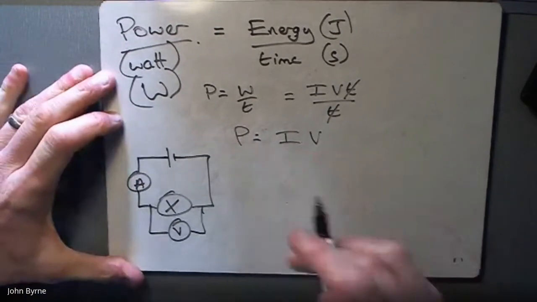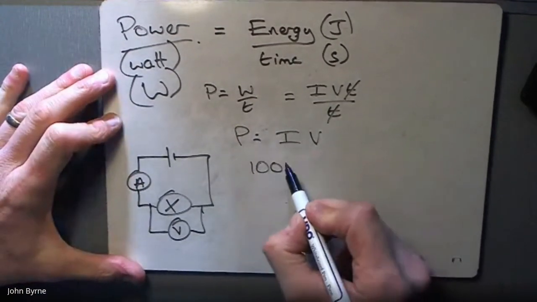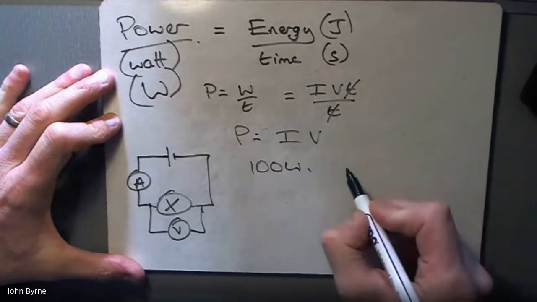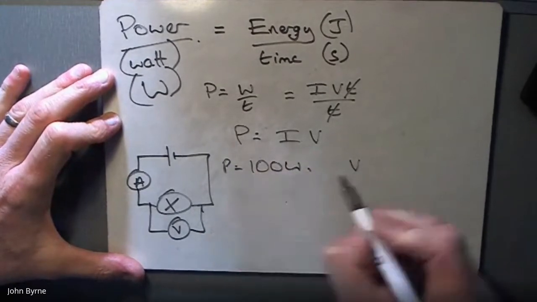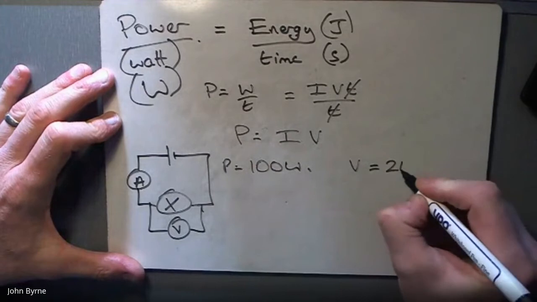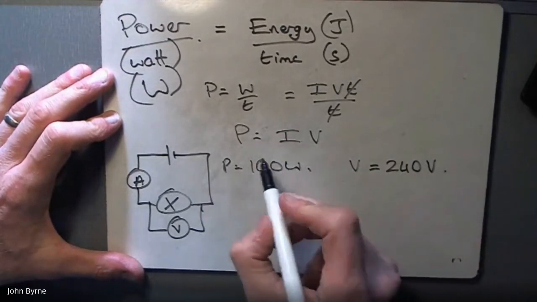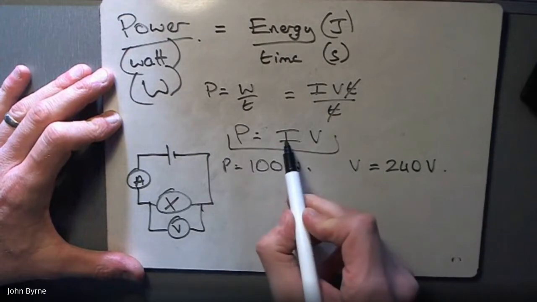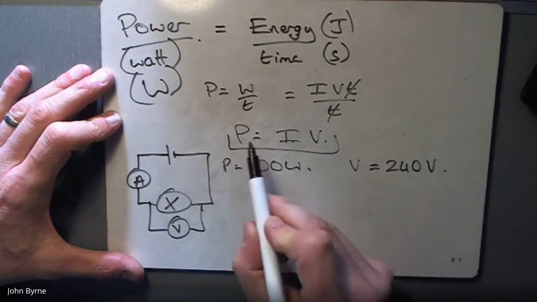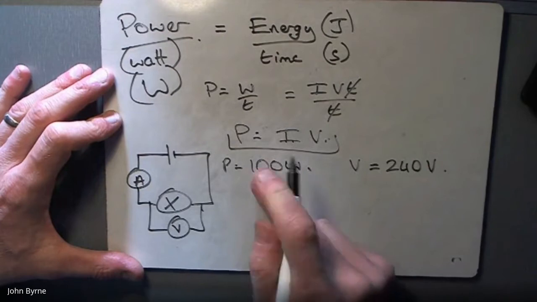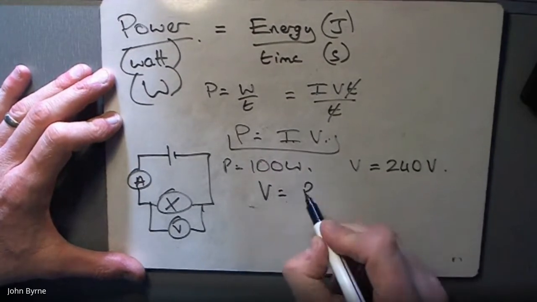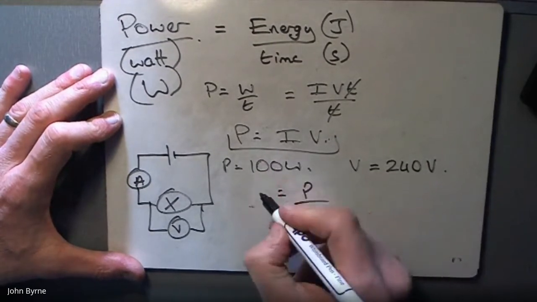Particularly useful if we've got an electrical circuit, a lighting circuit, and you know that you're going to have 100-watt bulbs in there. Well, we know the mains electricity, so P equals 100 watts. The mains electricity maybe equals 240 volts. So what kind of fuse system do we need? Well, we just take that formula, and we want to work out I, so we just divide both sides by V. So I is power divided by V. We want to work out the current.